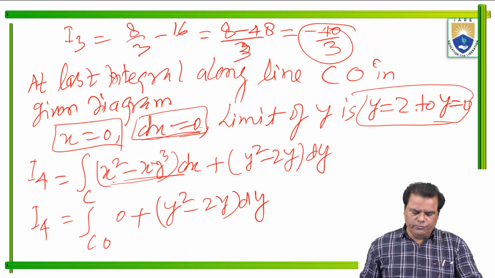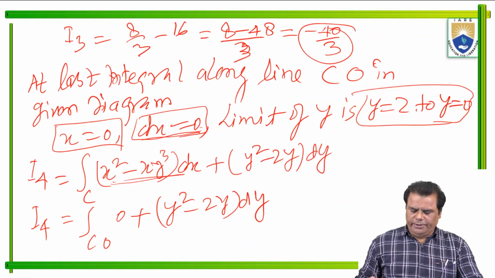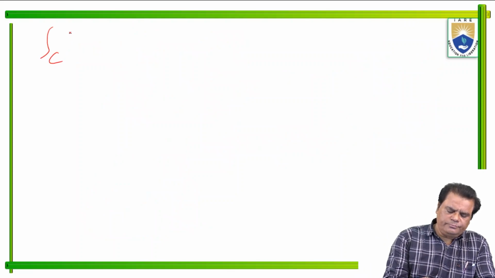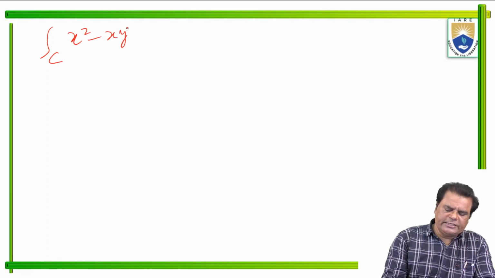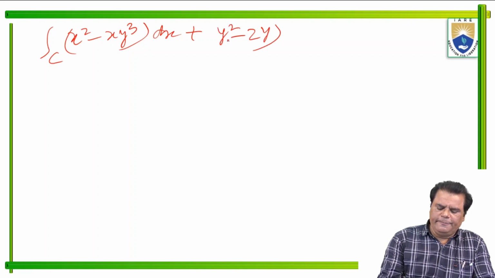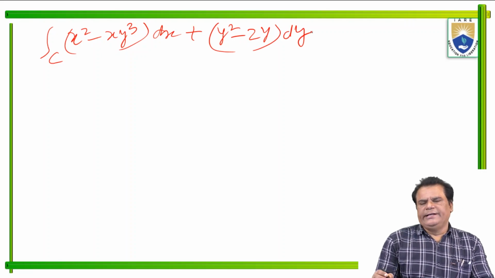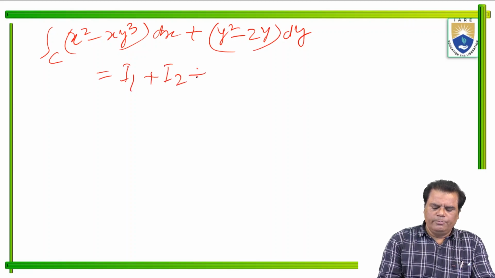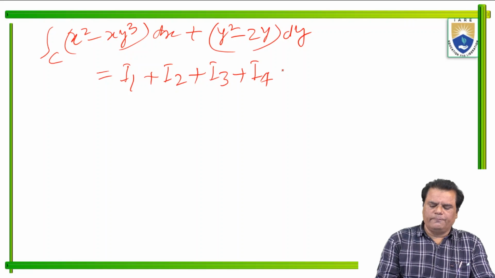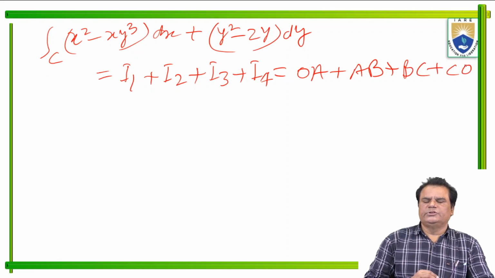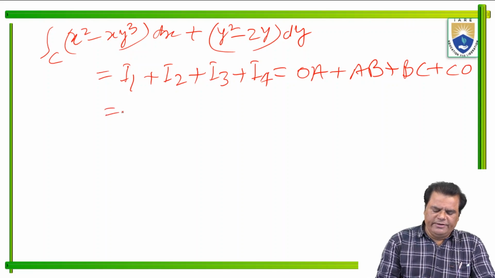And what is I3? Minus 40 by 3. So we get the line integral of x square minus xy cube dx plus y square minus 2y dy, which equals I1 plus I2 plus I3 plus I4, along the OA line plus AB line plus BC line plus CO line. What is the value of I1?